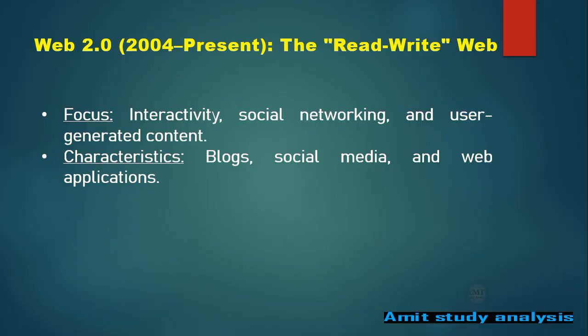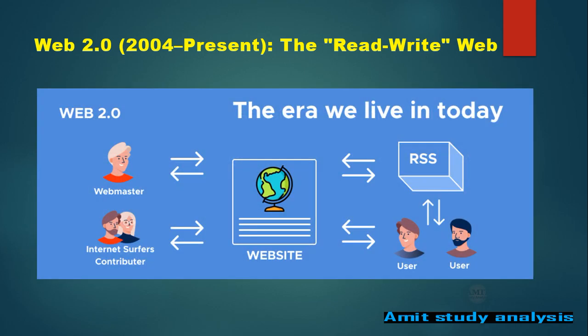The main characteristics of these websites were blogs, where users can create their blogs; social media, where users can connect with their colleagues; and web applications also. These are part of web applications. You can see in the picture there is a webmaster, and these are the users and internet surfers who are also contributors.